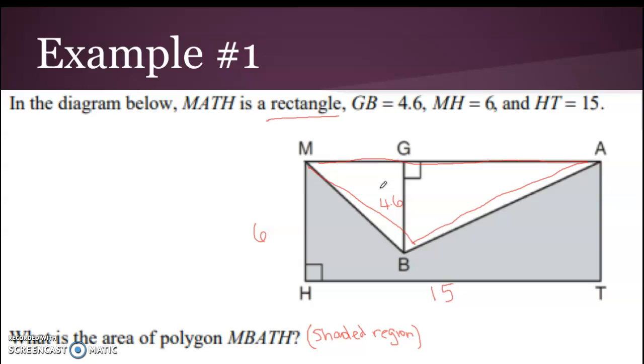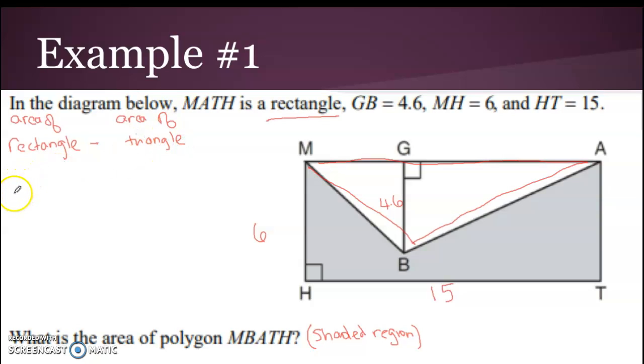So if I'm taking something out, what operation should I be doing? Exactly, you should be subtracting. So when I'm going to solve this, I'm going to get the area of the rectangle, and then I'm going to subtract. Let's write area at the top just so that you have it in your notes: area of rectangle, subtract area of triangle.